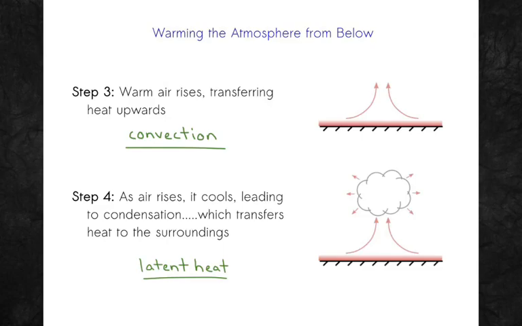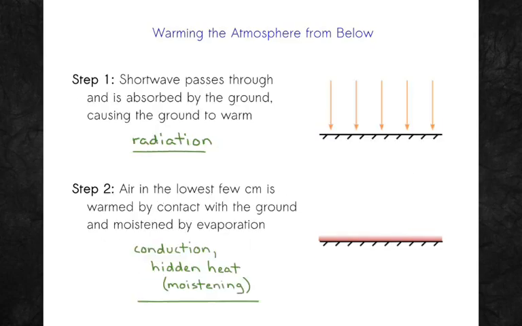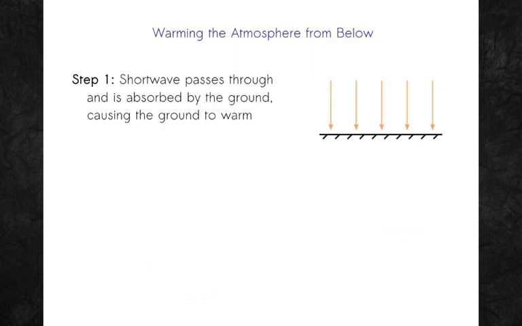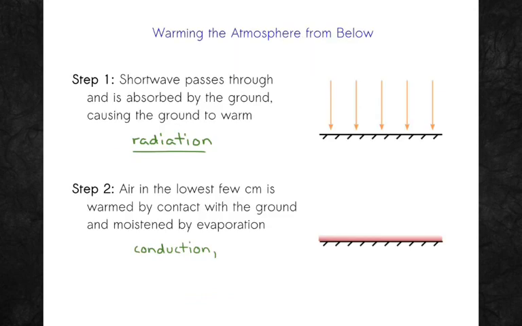Okay, let's go through that process one more time here. So initially, the first step is we've got our radiation coming in from the sun, passing through and warming the ground.